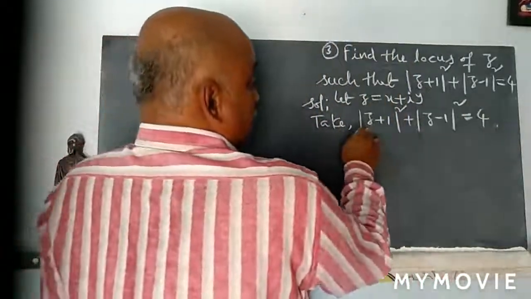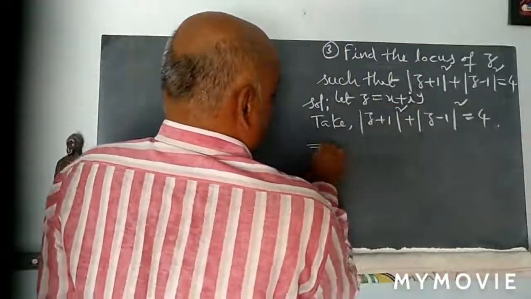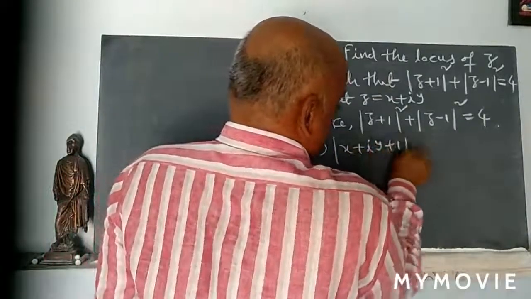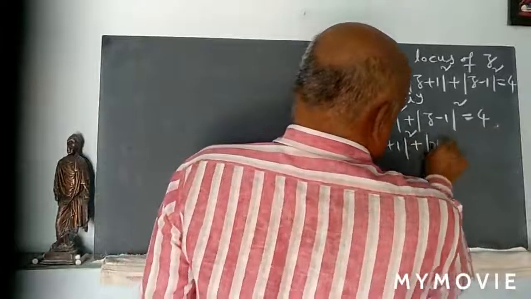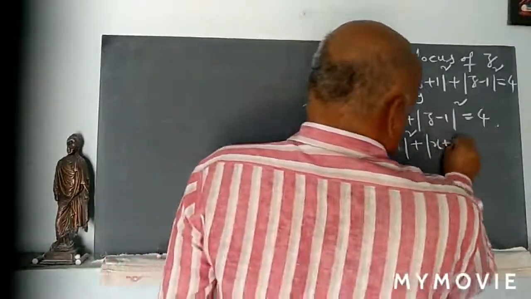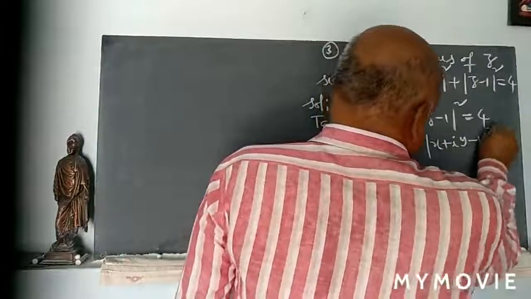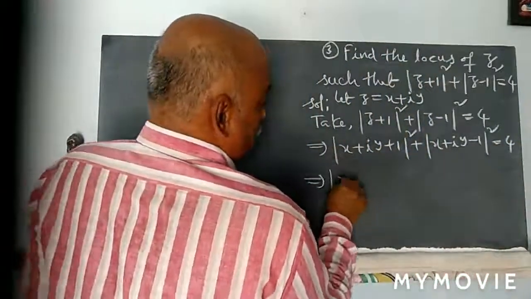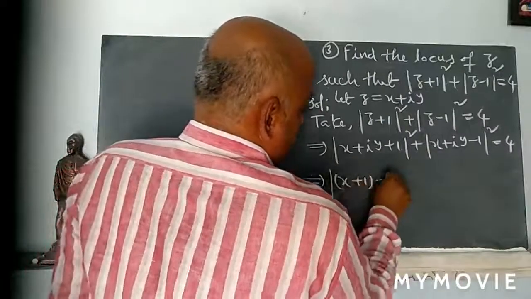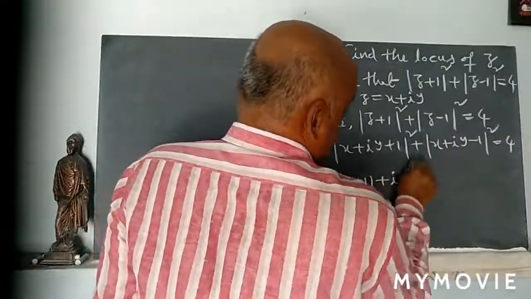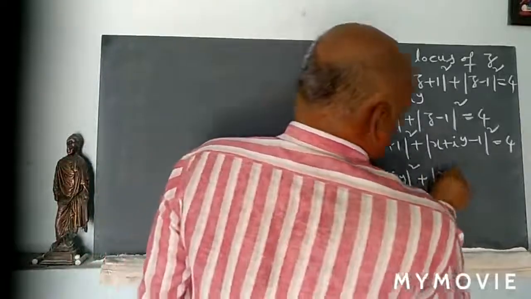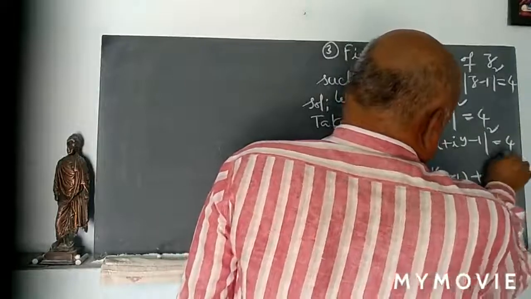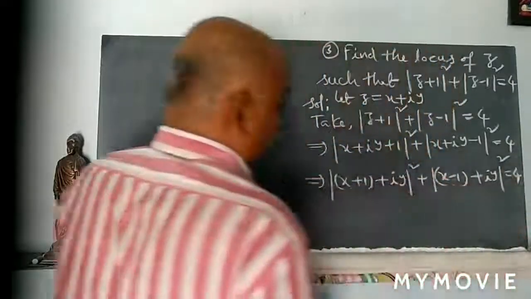In the place of z, substitute x plus iy. This implies |x+iy+1|² + |x+iy−1|² = 4. This implies |(x+1)+iy|² + |(x−1)+iy|² = 4.